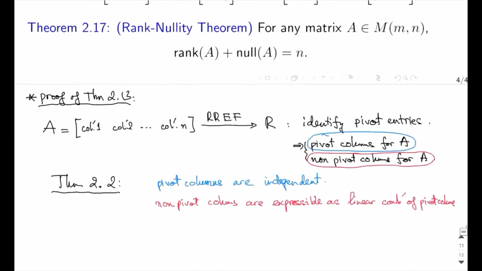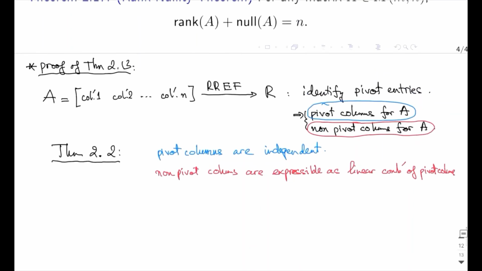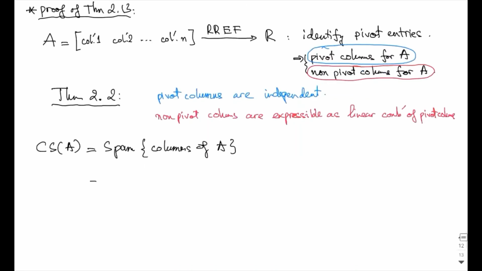Right? Think about the column space of A. It is the span of the columns of A. But then we will classify the columns of A as the non-pivot columns and the pivot columns.